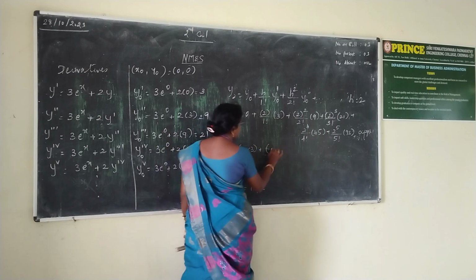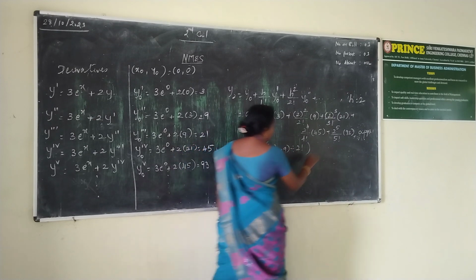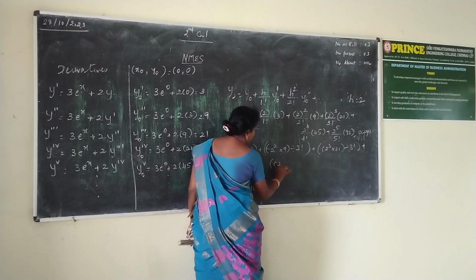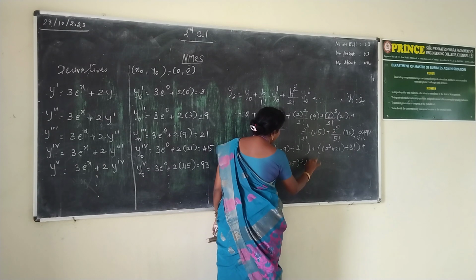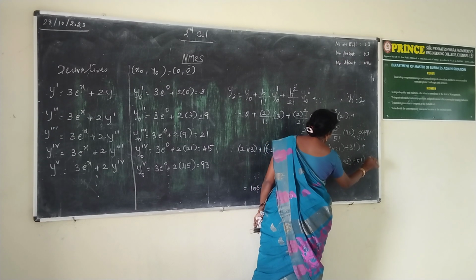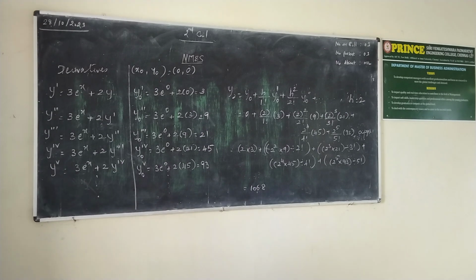First 2 into 3 plus 2 square into 9 divided by 2 factorial, plus 2 cubed into 21 divided by 3 factorial, plus 2 power 4 into 45 divided by 4 factorial. Put it as a whole and take the answer.